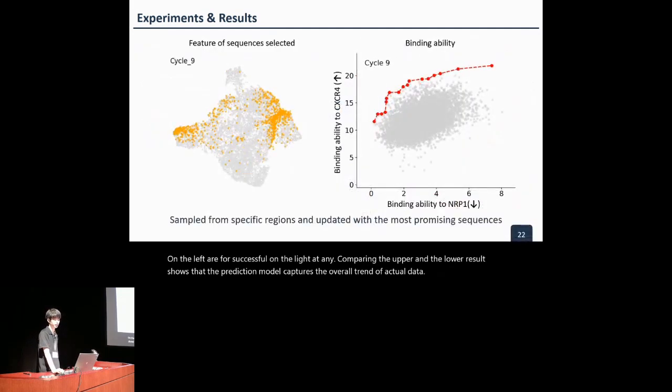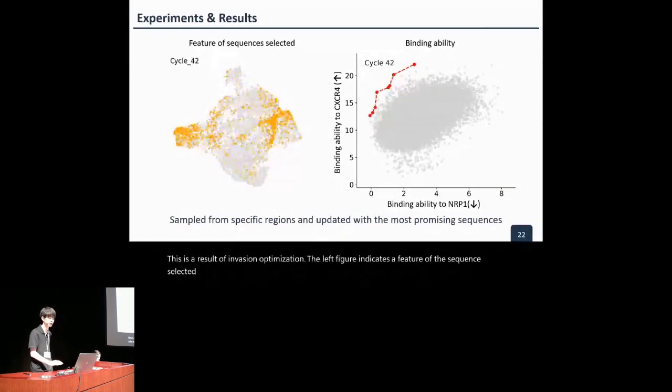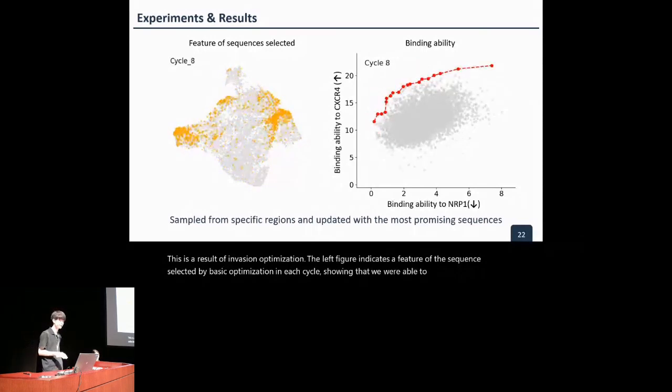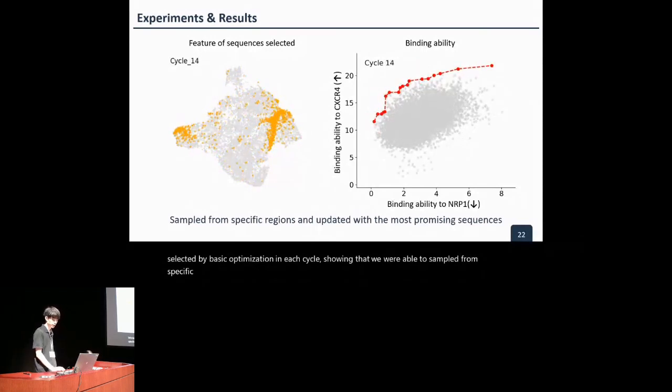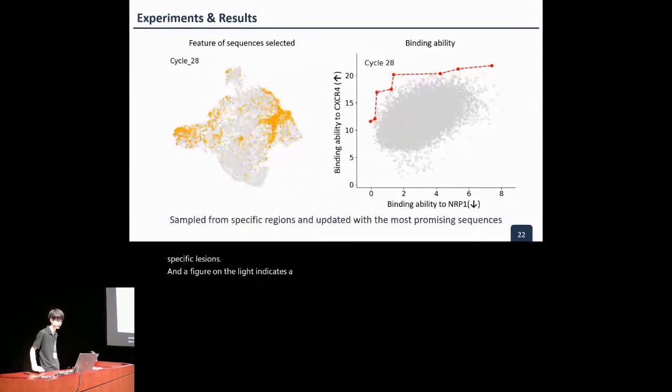This is the result of Bayesian optimization. The left figure indicates a feature of the sequences selected by Bayesian optimization in each cycle, showing that we were able to sample from specific regions. The figure on the right indicates the binding ability calculated by MD simulation.